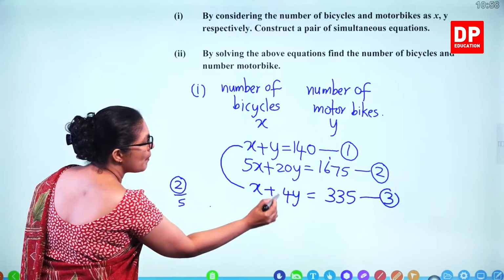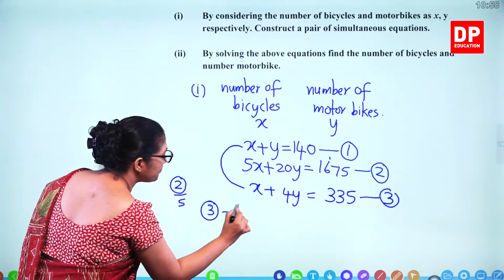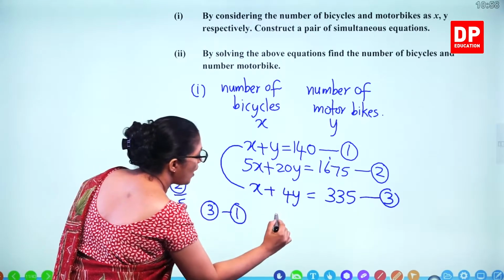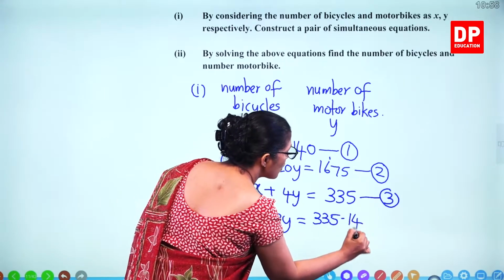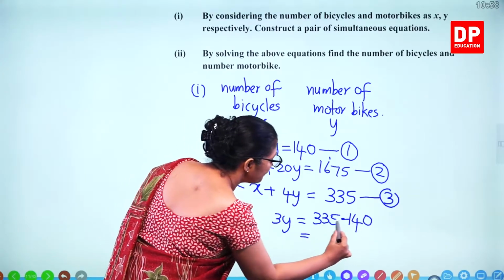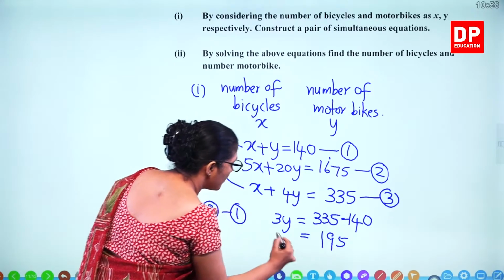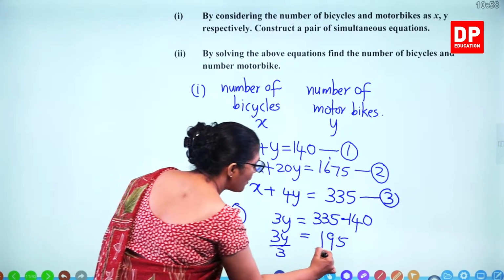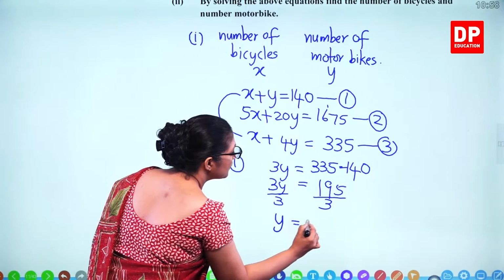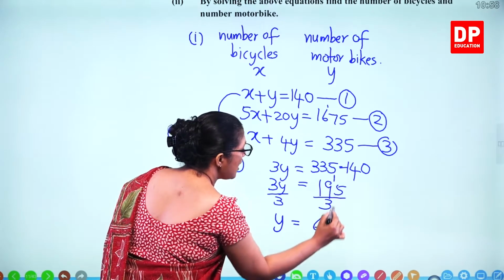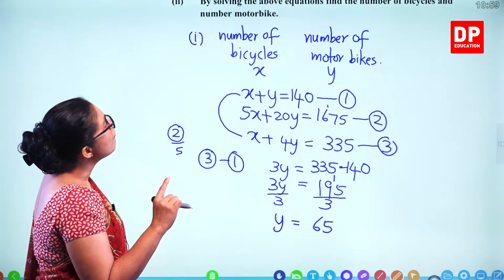We'll do 3 minus 1 because this is higher. 4y minus y is 3y, equal to 335 minus 140, which is 195. Divide both sides by 3, you get the y value. So y is 65. That's the number of motorbikes.